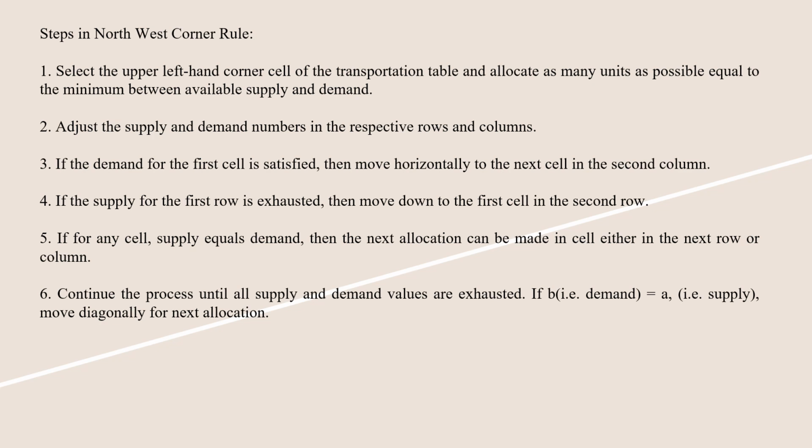If the demand for the first cell is satisfied, then move horizontally to the next cell in the second column. If the supply for the first row is exhausted, then move down to the first cell in the second row. If for any cell supply equals demand, then the next allocation can be made in either the next row or next column. Continue the process until all supply and demand values are exhausted.